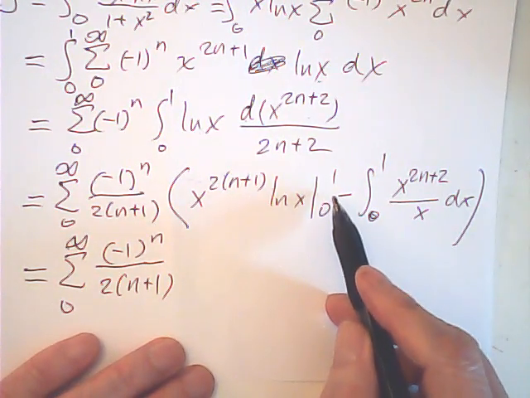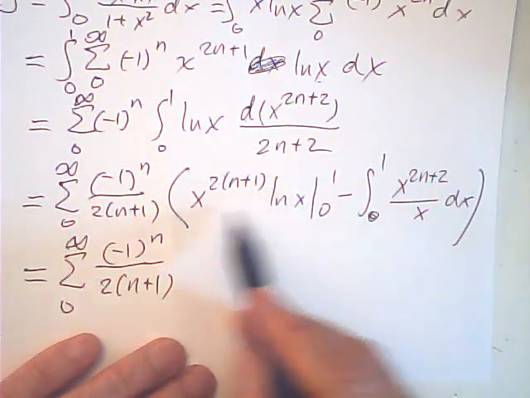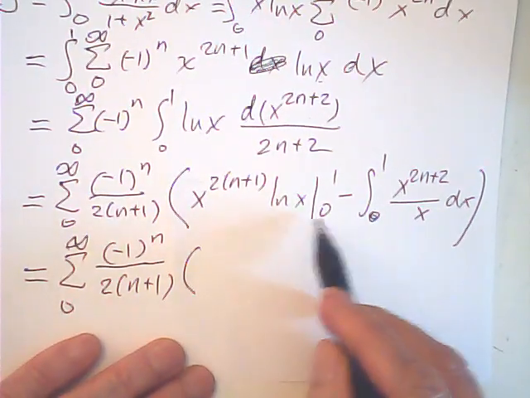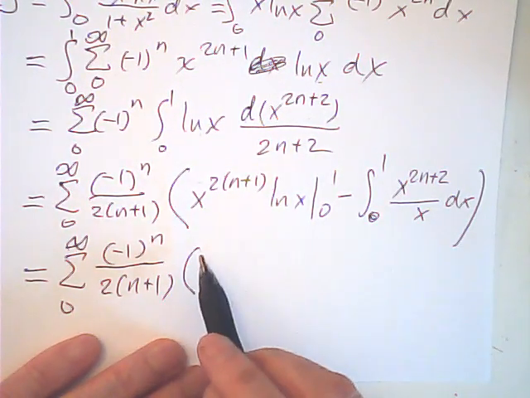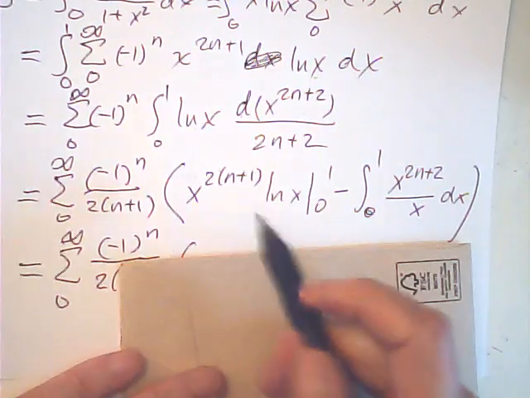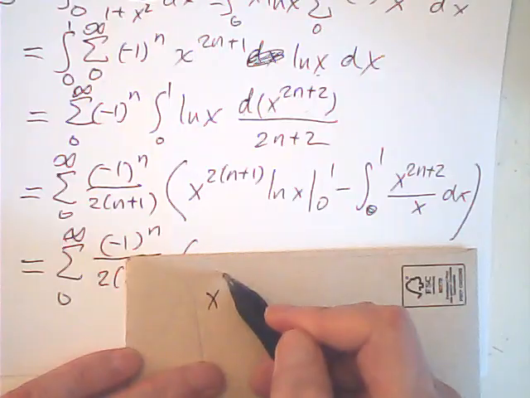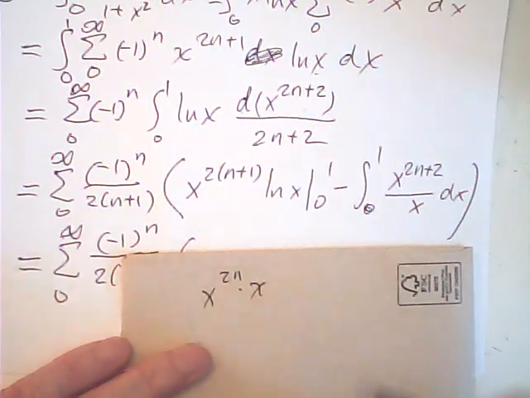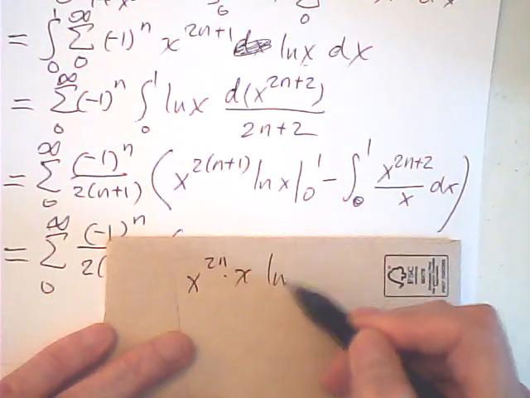Now, when x equal to 1, no problem, it's 0. When x equal to 0, well, this is x to the 2n times x, times log x.